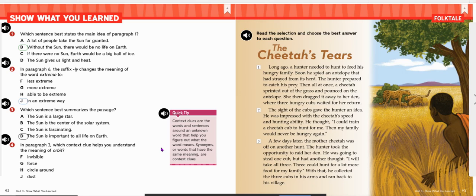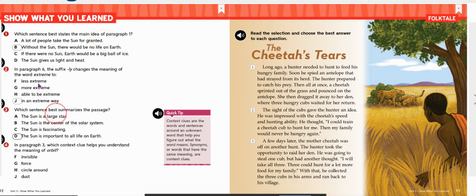Now remember, context clues are words and sentences around an unknown word that help you figure out what the word means. And you should have chosen H. So we're going to circle H, maybe. Whoops. Here we go. Now, those are the correct answers to the questions.